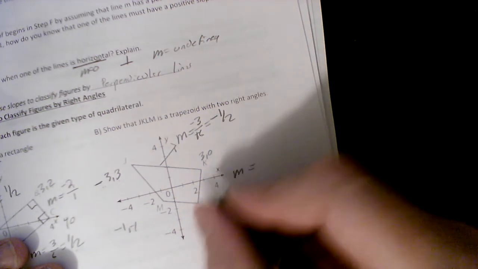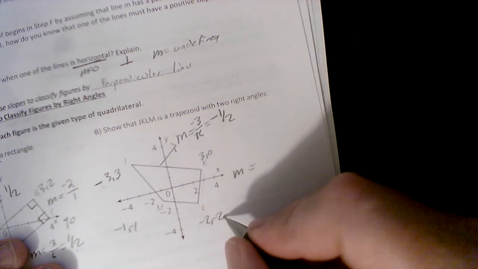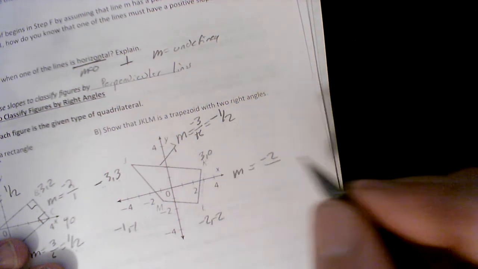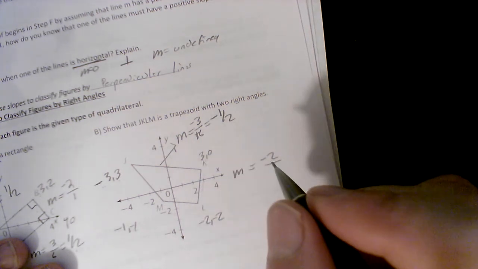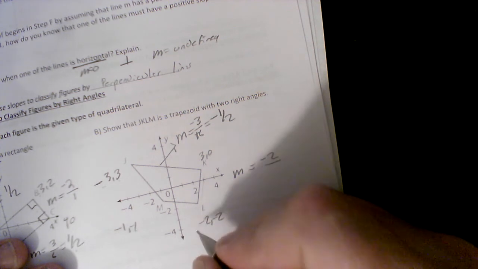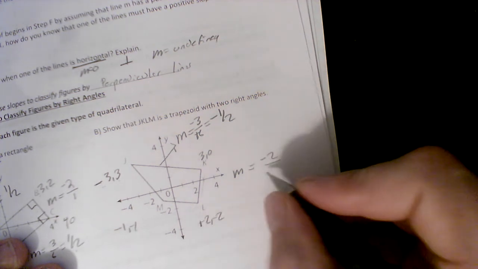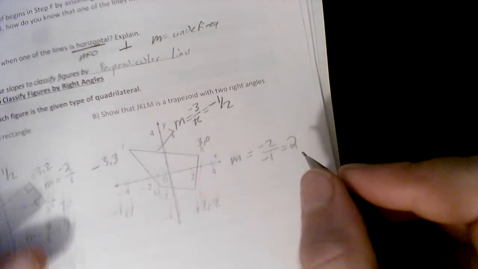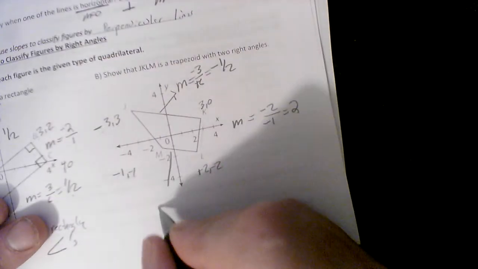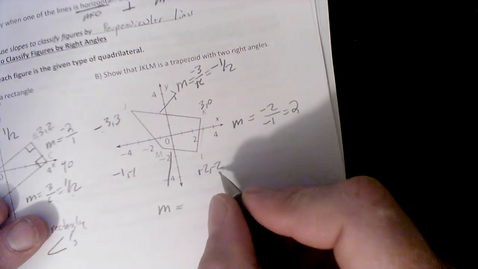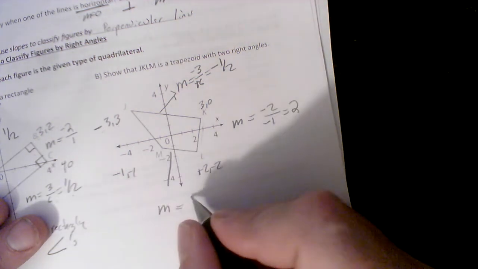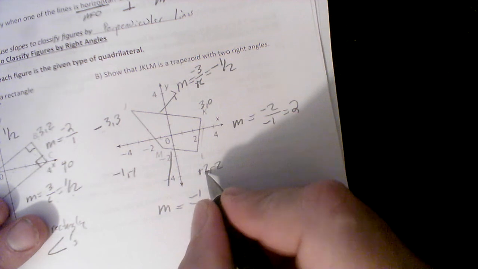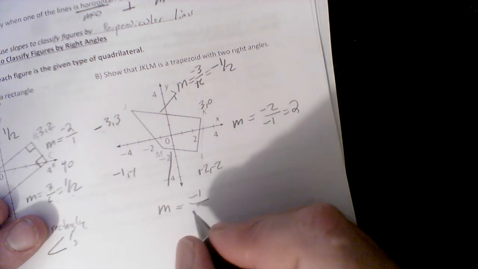Coming over here, this side right here. -2 minus 0 is -2. Oh, that's a +2. 2 minus 3 is -1 for a slope of 2. Alright. We're going to get the slope of this side. -2 minus 1, -2 plus 1 is -1.